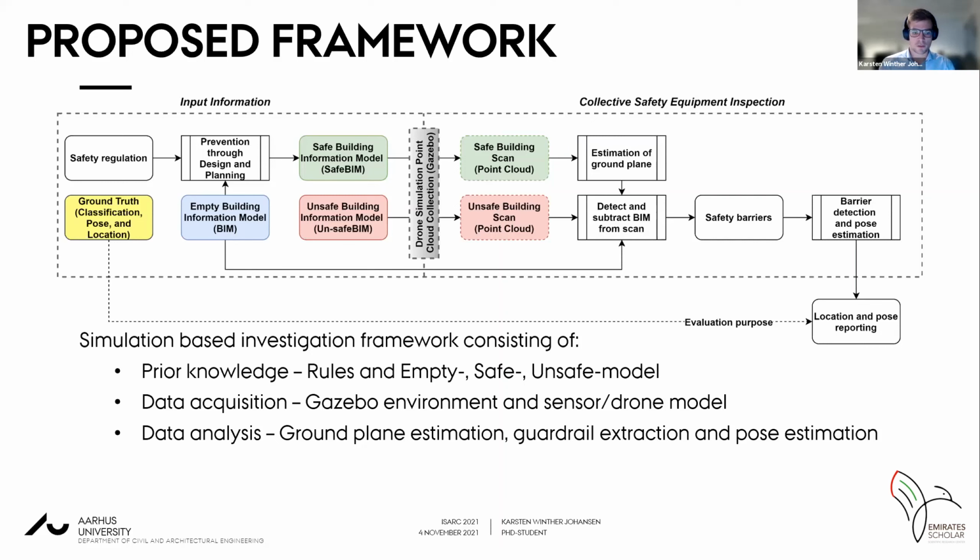Then we do some data acquisition in the Gazebo environment, and here we have, of course, the model and the environment, and also models for the sensor that is placed on the drone, which we also have a model for. Last but not least, we do some analysis, which contains ground plane estimation, guardrail extraction, and pose estimation.